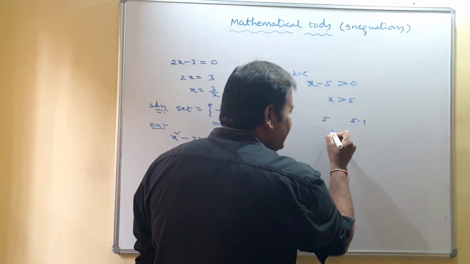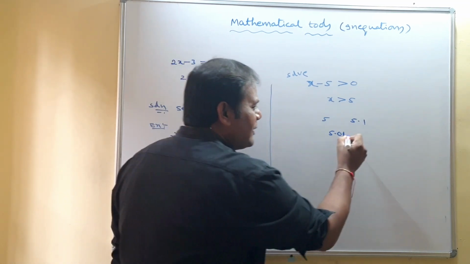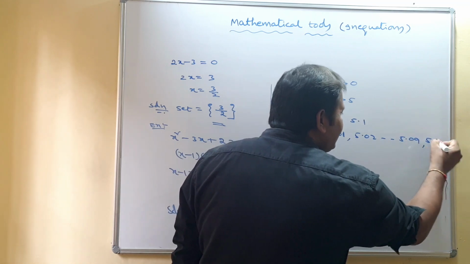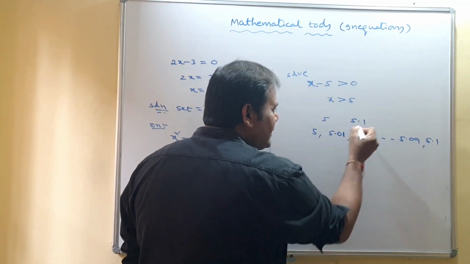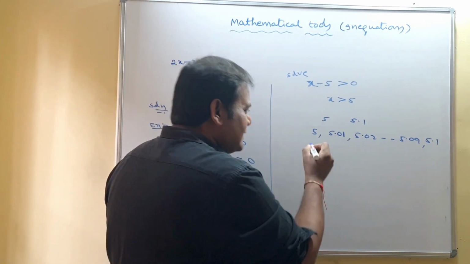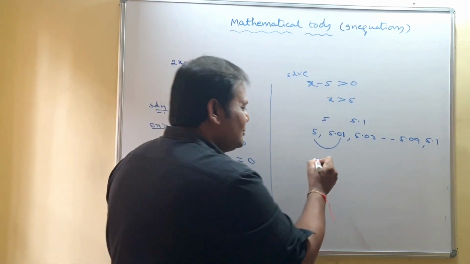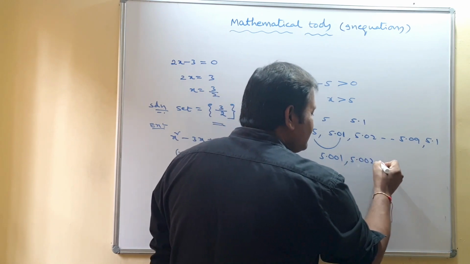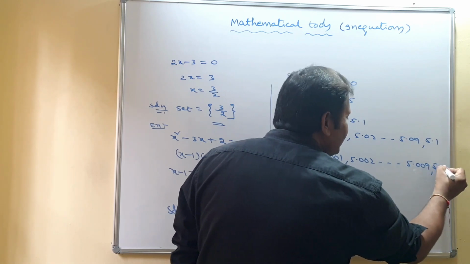After 5, can I take 5.01? Yes. Then 5.02 till 5.09, then we get 5.1. So 5.01 is less than 5.1 but more than 5. Are there any real numbers between 5 and 5.01? Yes, 5.001, 5.002 till 5.009, and then we get 5.01.